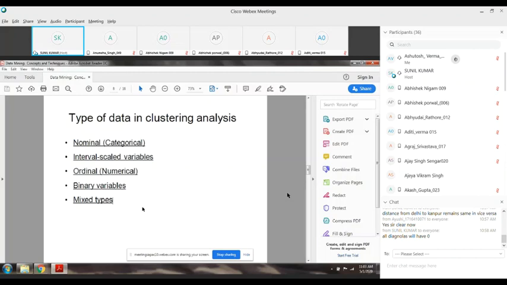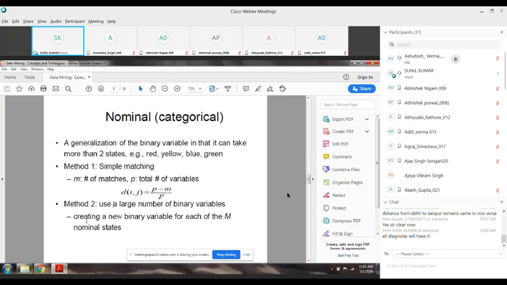If we want to find the similarity, subtract the dissimilarity from one and you will get the similarity. So nominal, interval-scaled, ordinal, binary, and mixed type are the various data used in cluster analysis. See how we are going to deal with them.